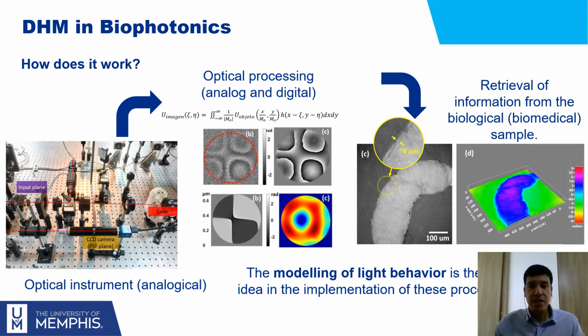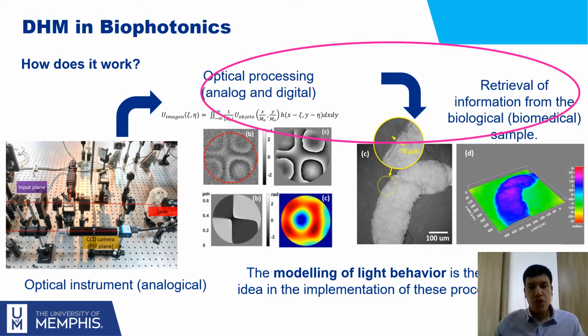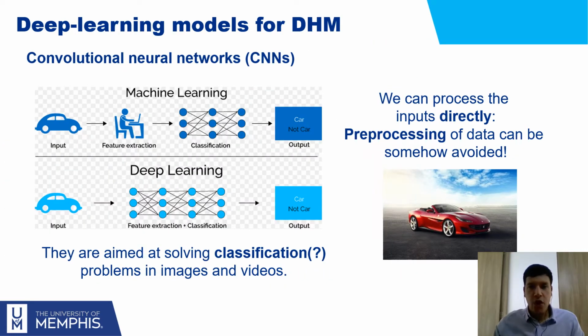We have the deterministic approaches, as we will see in previous modules, but we also have deep learning and learning-based methods in general to process this data. So ideally, learning-based approaches are going to be used for the pre-processing and post-processing of the information retrieved from these instruments. Okay, let's talk about deep learning models.